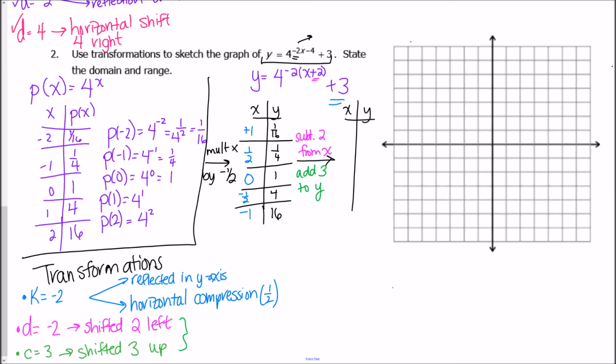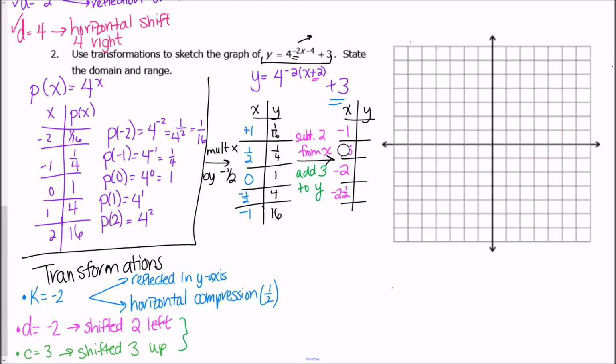When I subtract 2 from my x values, subtracting 2 from 1 I end up getting negative 1. When I subtract 2 from 1/2, I get negative 1.5. Subtract 2 from 0, I get negative 2. Subtract 2 from negative 1/2, I get negative 2.5.